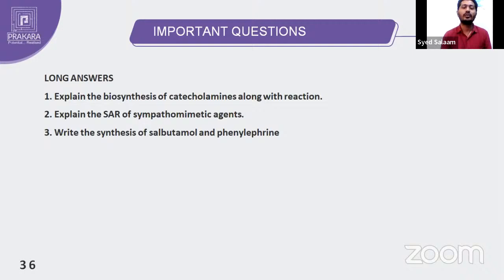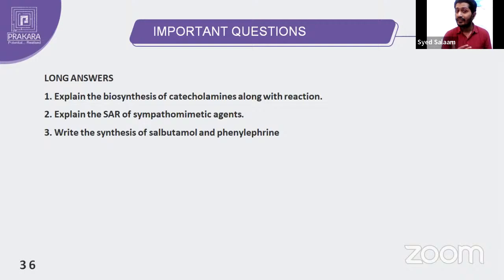So that's about today's session, in which we have discussed a lot of concepts. To be specific, we have seen 4 very important concepts. First of all, we have seen what sympathomimetic agents are, a general intro regarding that. Then SAR, we have discussed structure activity relationship.